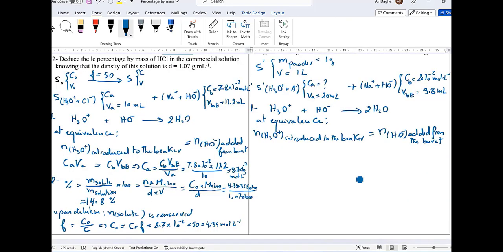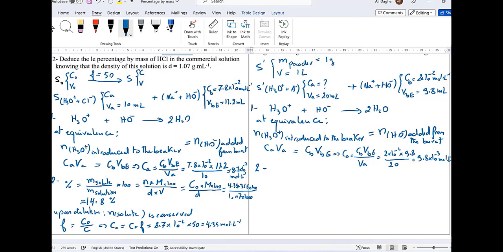We replace number of mole of H3O plus by CaVa and number of mole of HO minus by CbVBE. Then Ca equals CbVBE over Va equal Cb 2 10 negative 2 times VBE 9.8 over Va 20 equal 9.8 10 negative 3 mole per liter. This is the concentration of sulfamic acid in this solution S prime.